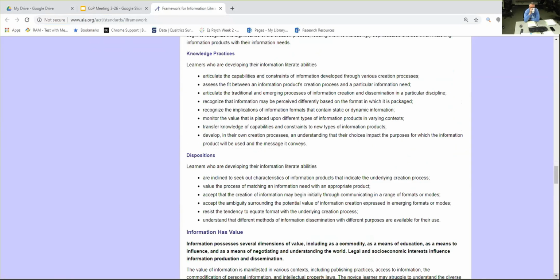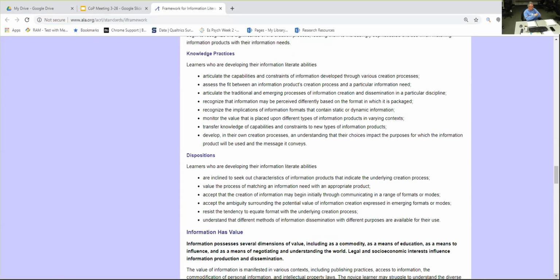One of the things I got out of this is matching the information need with the appropriate product. There are times when perhaps a blog might be appropriate, other times when a journal article from the library is appropriate, and there's more to it than that, but trying to get students to understand that there are different ways you can create, package, and disseminate information, and depending on what context you have, it may or may not be appropriate.